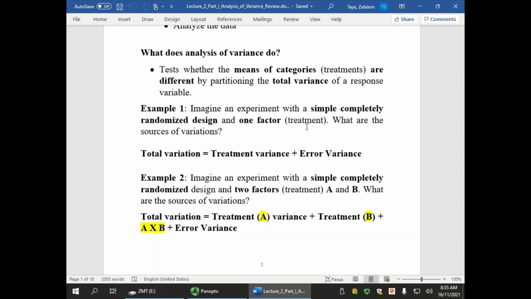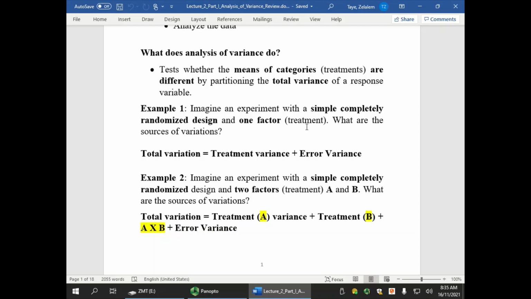So what analysis of variance does is it tries to partition these variations into two components, the treatment variation and the error variance, and tries to see if your treatment variance is significant. When you think of analysis of variance, think of it like this.